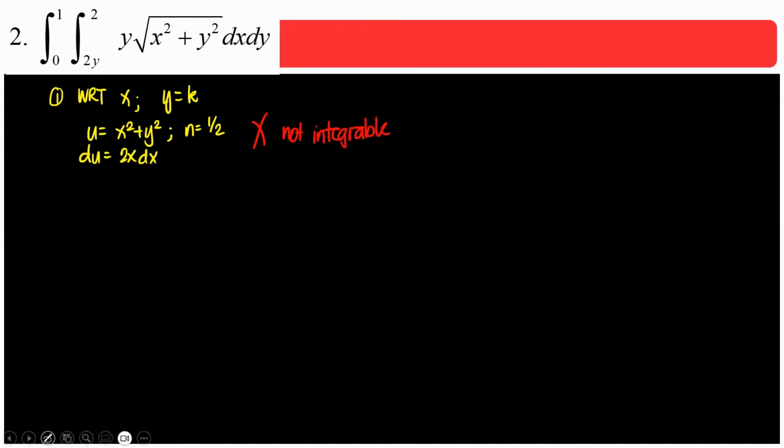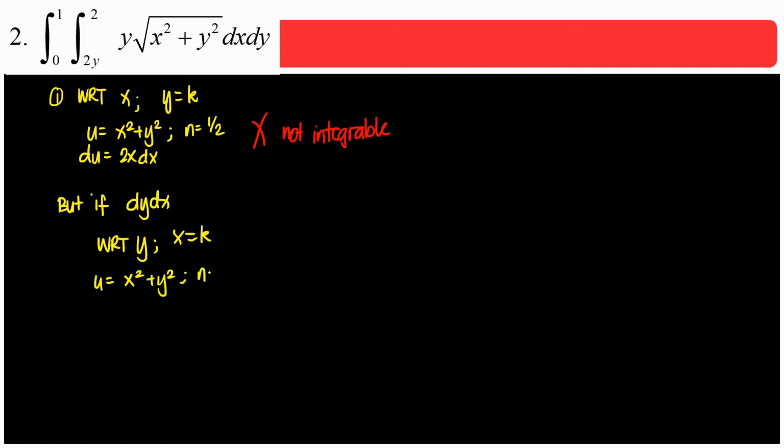But if dy dx, meaning if it's this case, with respect to y, where x is constant, again, the u is x squared plus y squared. The n is still 1/2.